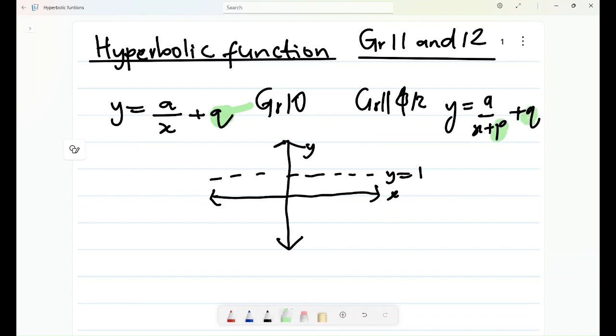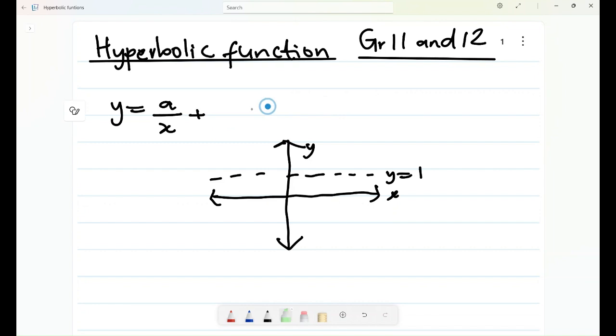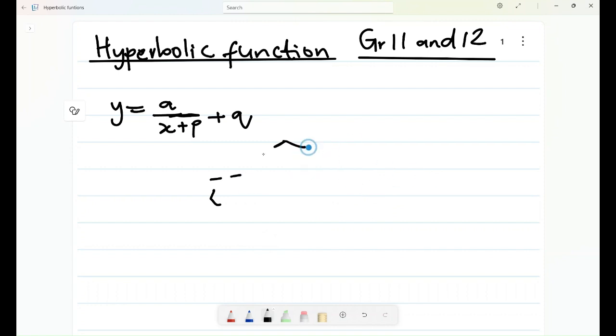You now have p, we now have q. Since this video is for grade 11s and 12s, I might just have to do what you will be assessed with: plus p. Remember, this plus can be plus or minus, all right? Plus q. This is the formula that we have.